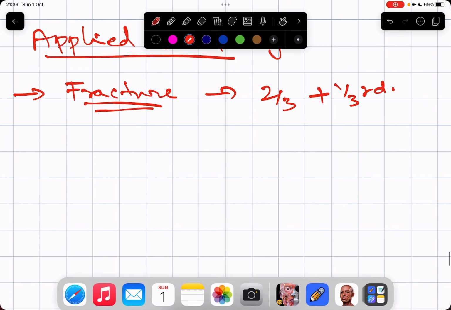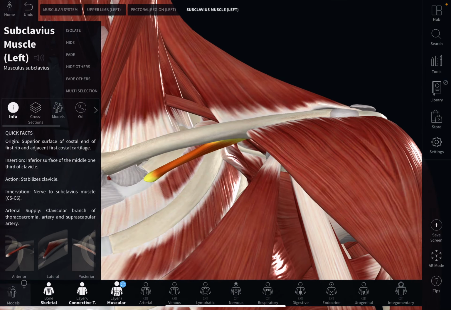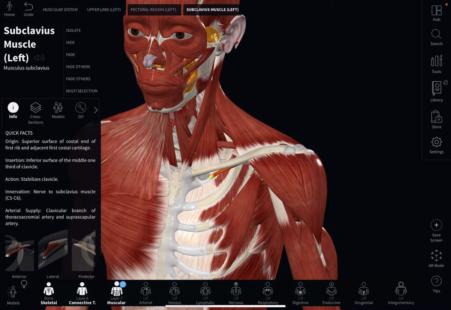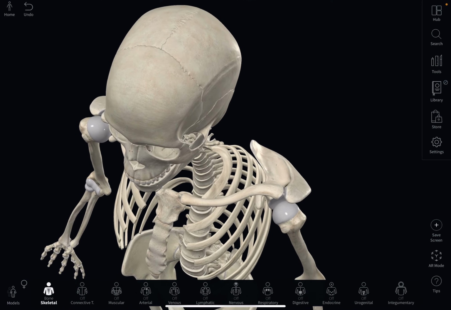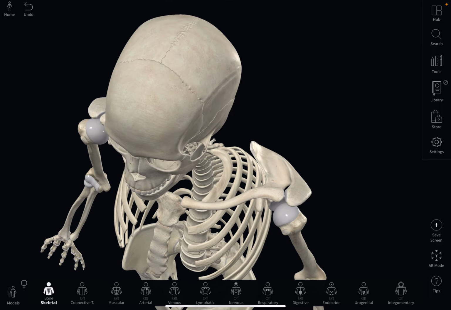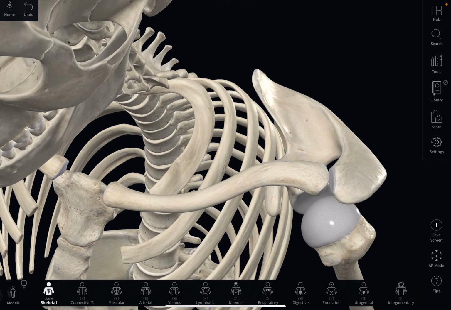As you can see, the curvature of the clavicle changes at the junction between the medial two-third and the lateral one-third. So because the curvatures change, it happens to be the weakest point, right? So this is the weakest point here, the junction of the medial two-third to the lateral one-third.